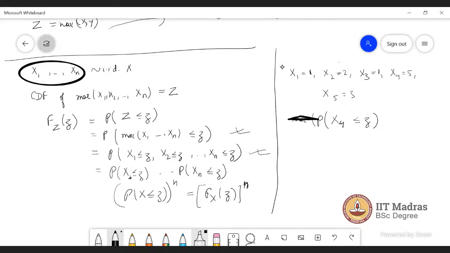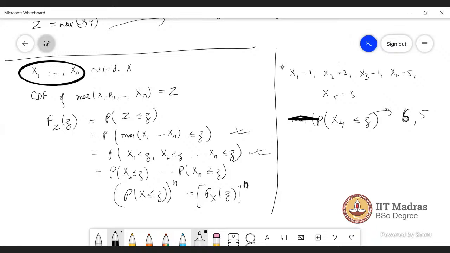Let's say our z is 6, or let's say 5. If any of your random variables is the maximum, then the other random variables that you have are also going to take a value less than that z.